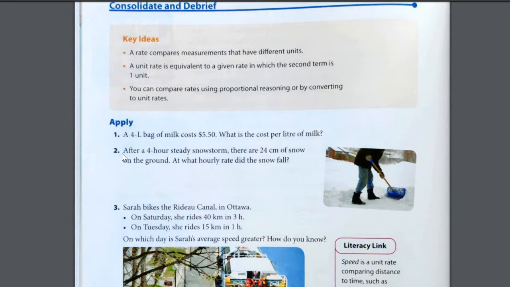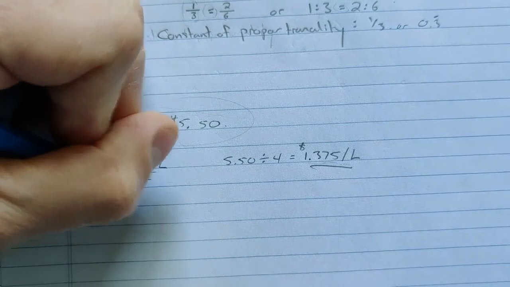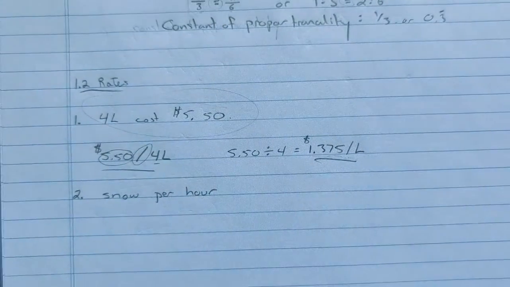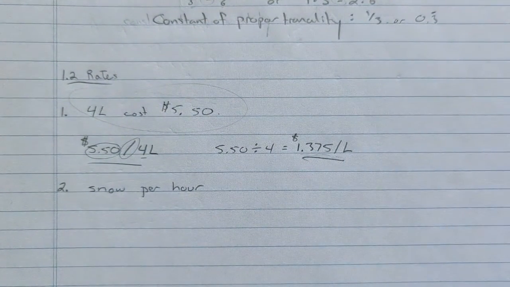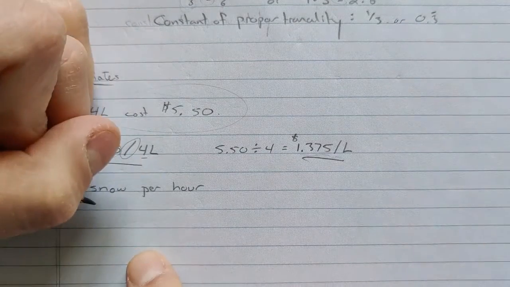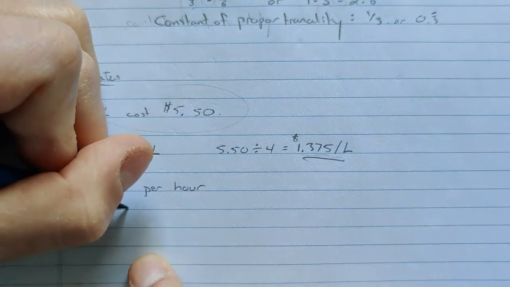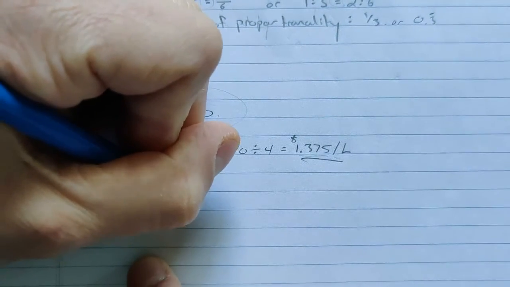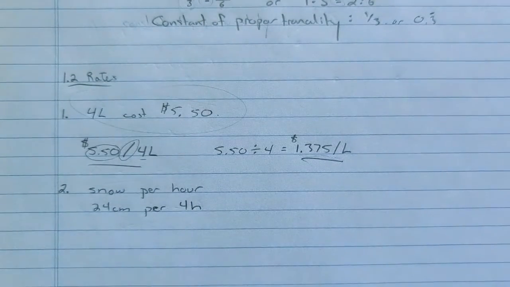So we're looking at snow per hour being our end goal here. Well, we know that 24 centimeters per 4 hours was our initial setup.